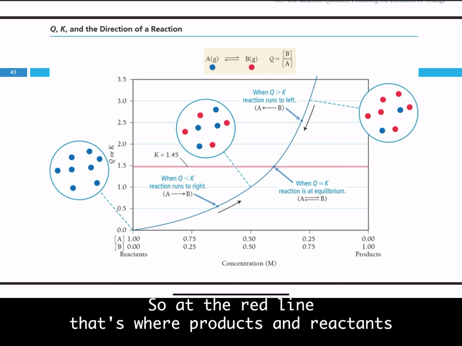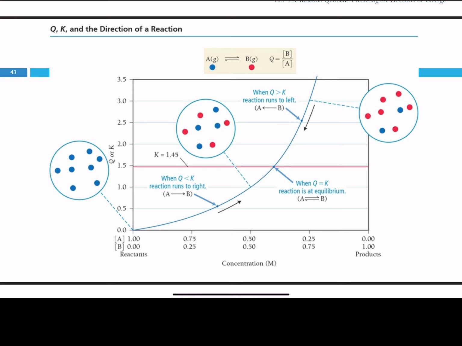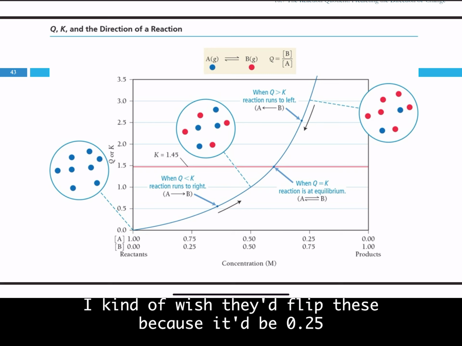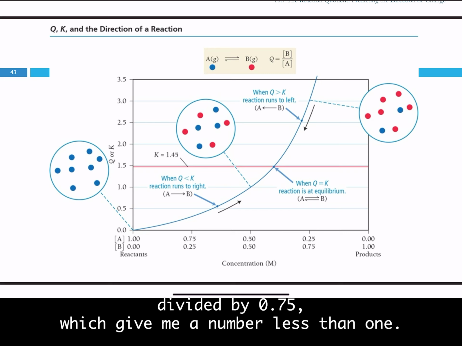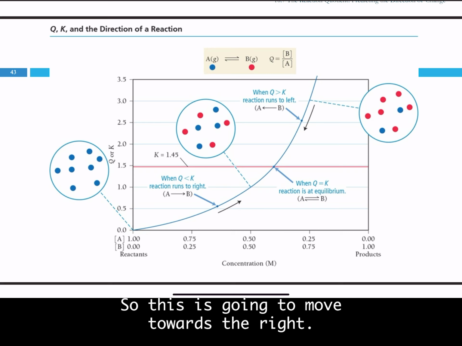So at the red line, the concentration of the products divided by reactants is equal to K. And if Q is less than K, we can calculate for any of these. I kind of wish they had flipped these, because it would be 0.25 divided by 0.75, which would give me a number less than 1. So this is going to move towards the right.